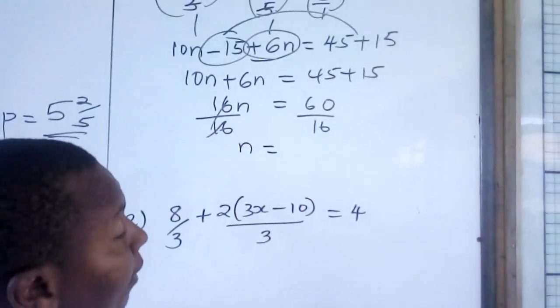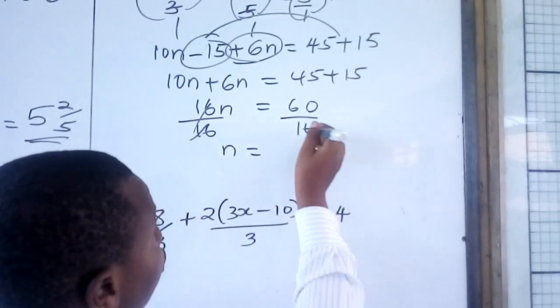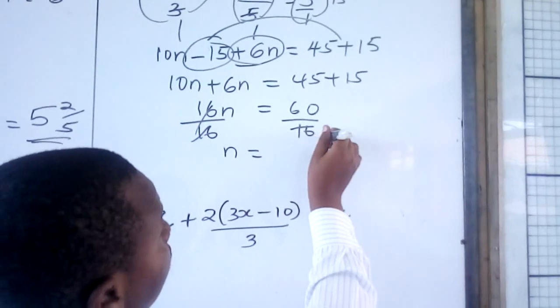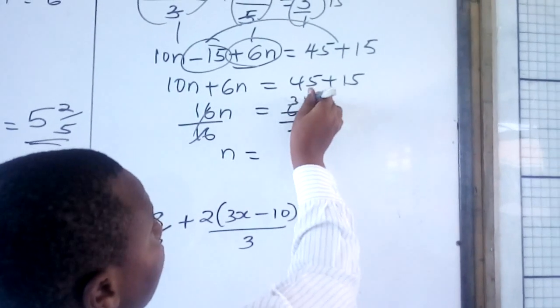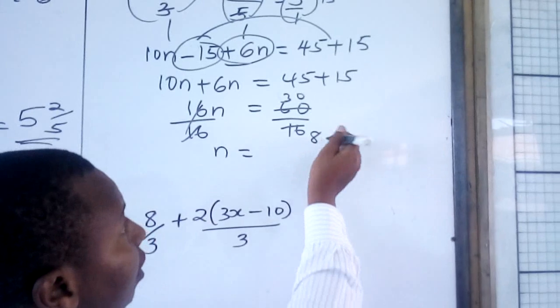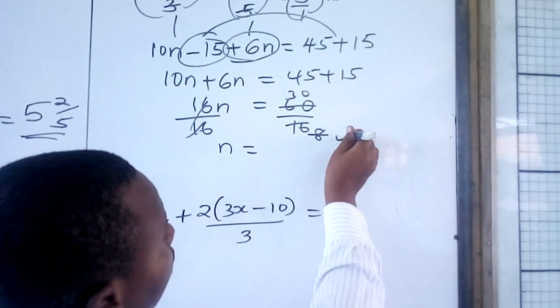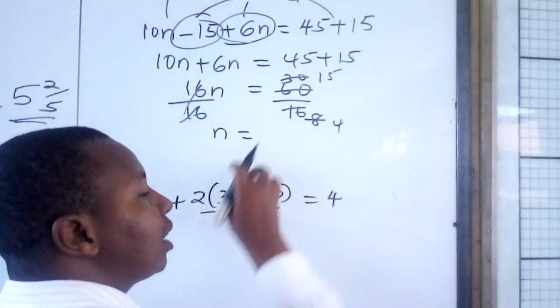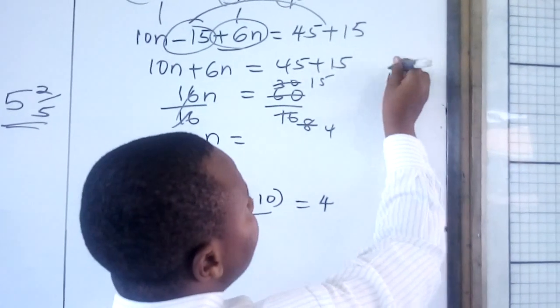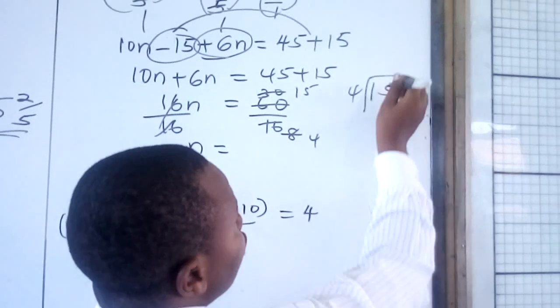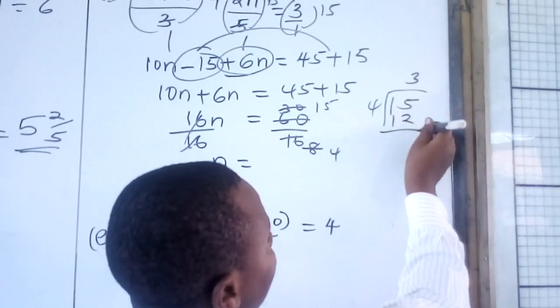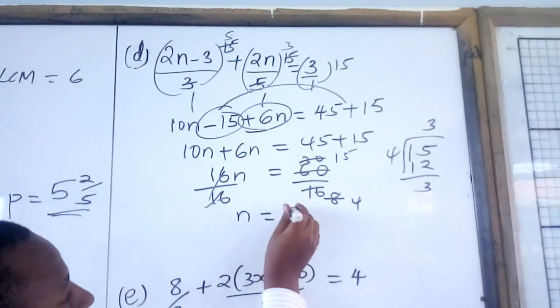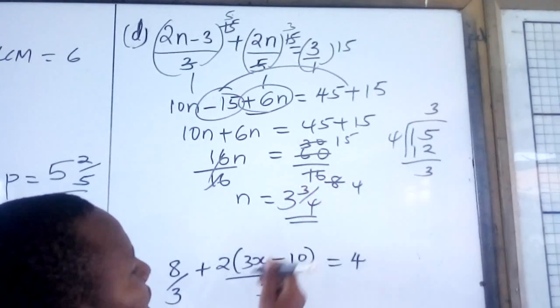So what is our n? You can divide by 2 to get 8, and divide further by 2 to get 4 and 15. So how many 4s are there in 15? You divide 15 by 4, which is 3 because of 12 remainder 3. So the answer is 3 and 3/4.